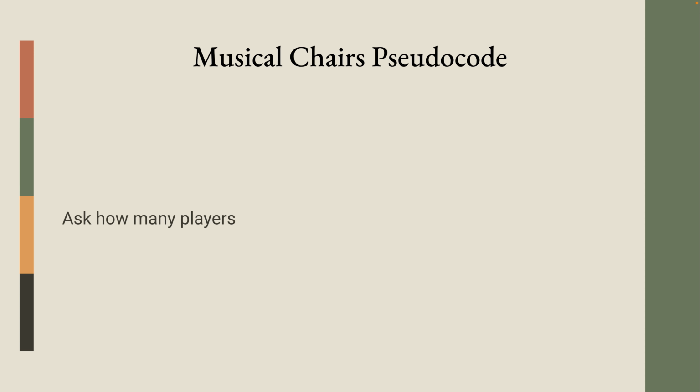Or I guess originally we had one more, the players and chairs. And then we should be minus one player. So what we could probably do is, while music is playing and players is greater than one, players is equal to players minus one, chairs equals chairs minus one.